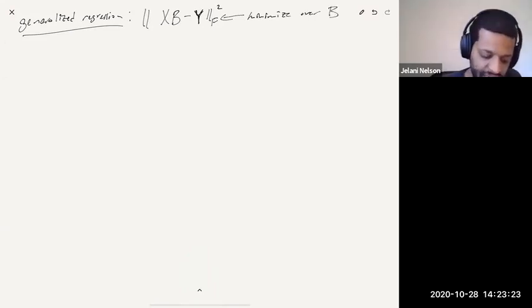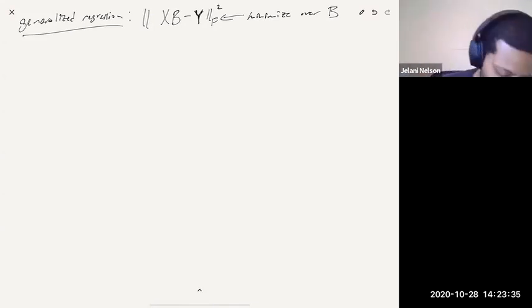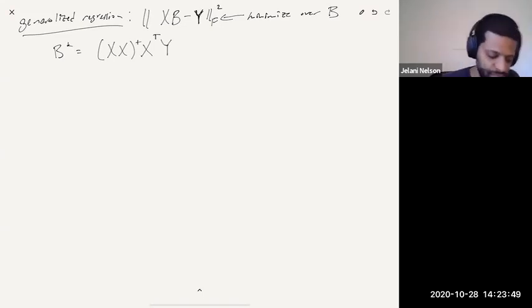The best thing you could do is make every column of Y orthogonal to the column space of X, which you could do using the same basic solution that you saw for least squares. So beta star will be something like X pseudo inverse, X transpose Y, I want to say.